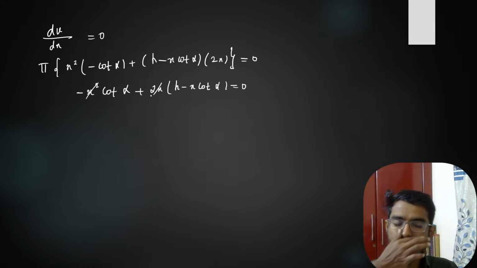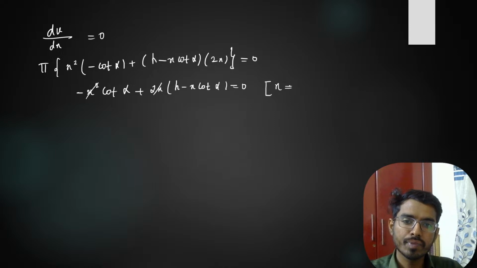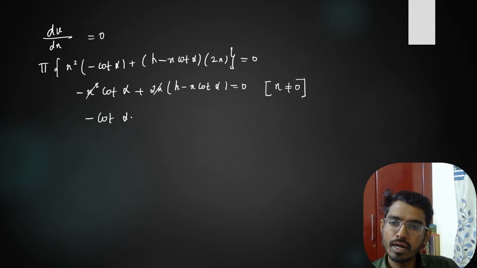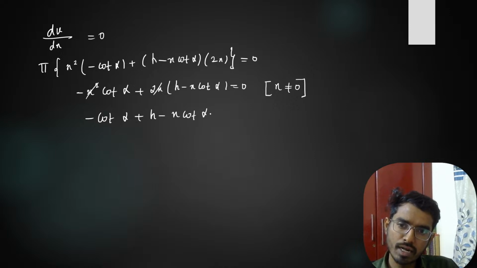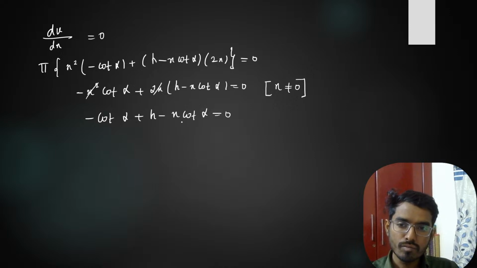We cancel one x because x is not equal to 0; if x is 0 we will not have a cylinder. So we have minus x cot alpha plus 2 times h minus x cot alpha equal to 0, giving 2h minus 3x cot alpha equal to 0. So what will be your x here?